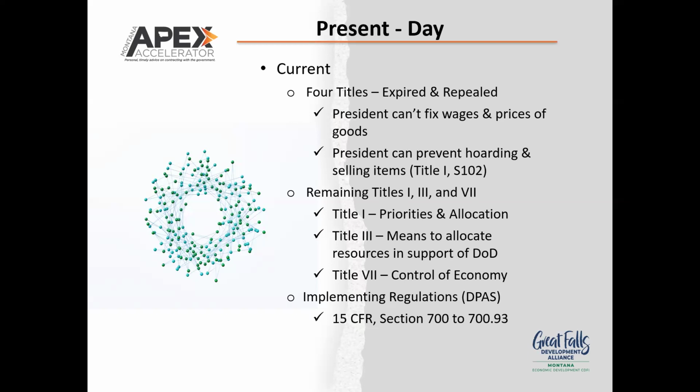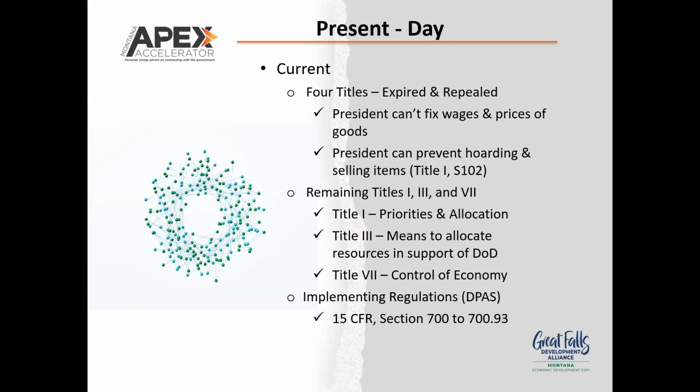I thought it was interesting that DoD is the most frequent user of Title I, using it to insert priority clauses into its federal contracts. These provisions require contractors to give the Pentagon preference over all other customers in delivering goods or services.